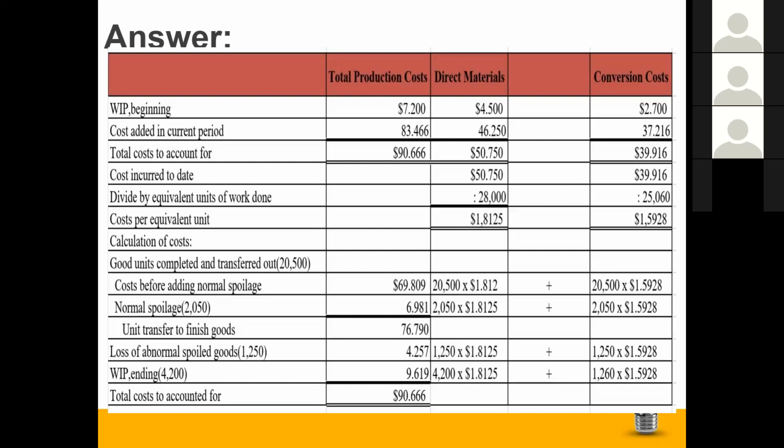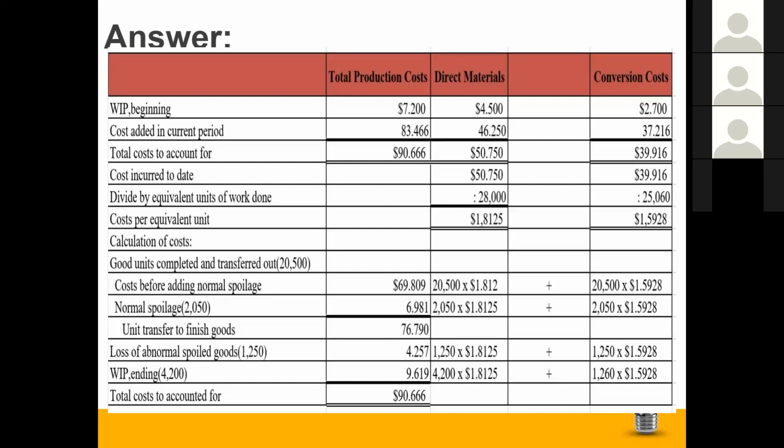For the direct materials, we have $4,500 added with 46,250, and therefore we get $50,750. And the conversion cost is $2,700 added with 37,216, and we got 39,916. And therefore we got the cost incurred to date in direct materials and in conversion cost.